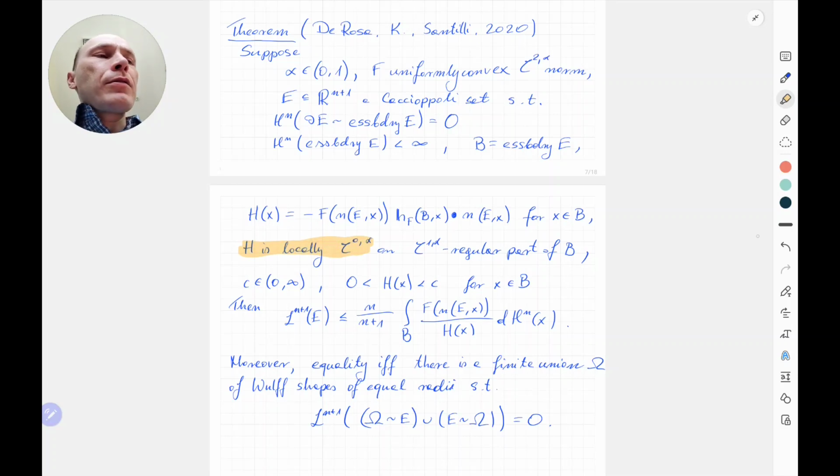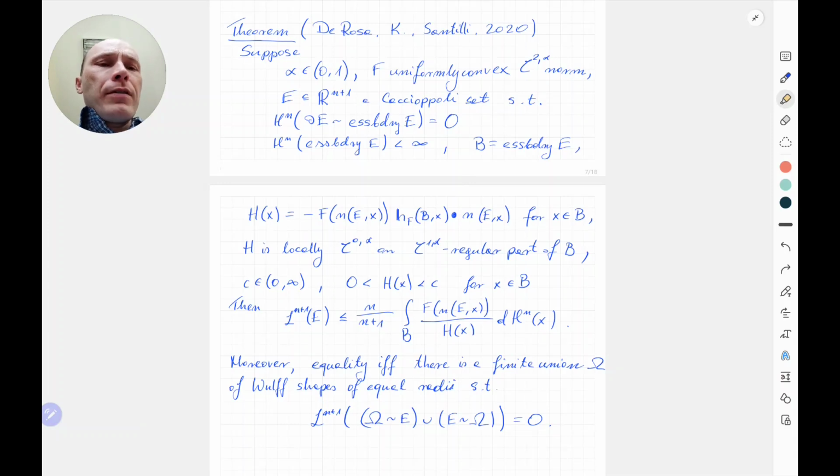We are also using certain classical regularity theory for fully nonlinear divergence form PDEs, and we have to at some point know that H has some Hölder regularity to be able to use some kind of Schauder type estimates to bootstrap it to C1 alpha or C2 alpha.